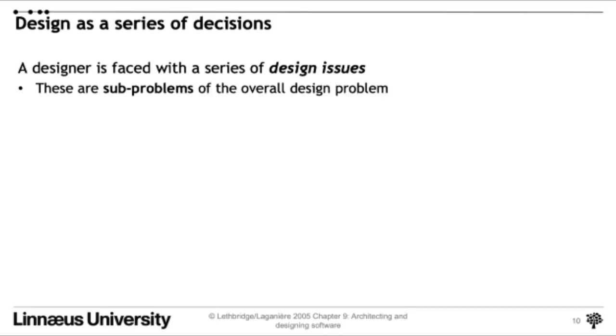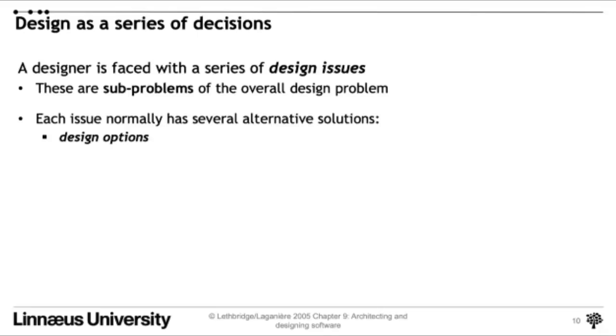A design issue is a sub-problem of the overall design problem. So we have the set of requirements stated by our customer, and we need to solve this problem. Then we can divide this big problem into a set of smaller sub-problems, which we can address in isolation.